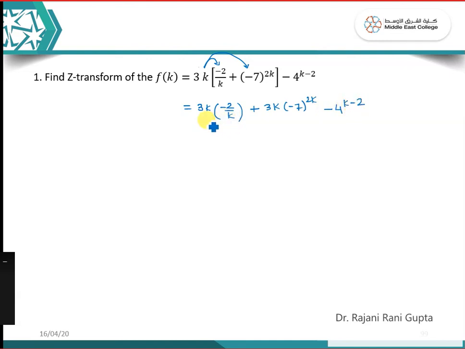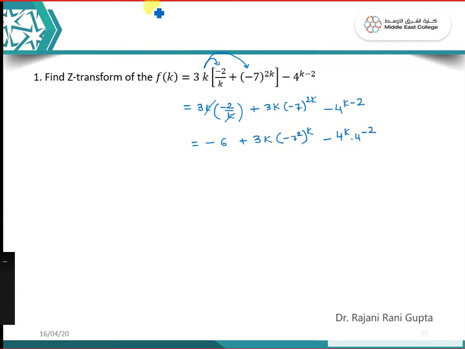Now we can cancel the same term here, k with k. So this gives us minus 6 plus 3k. Now it is power 2k. We don't want power 2, so we can write (minus 7) power 2 and power k. And we can split the powers as well, 4 to the power k, 4 to the power minus 2.